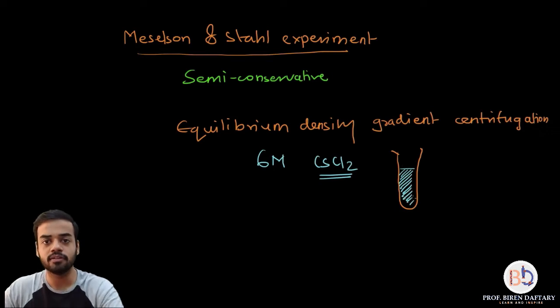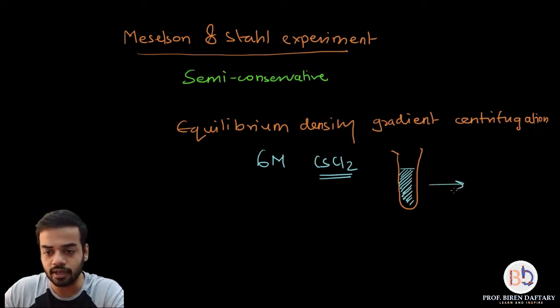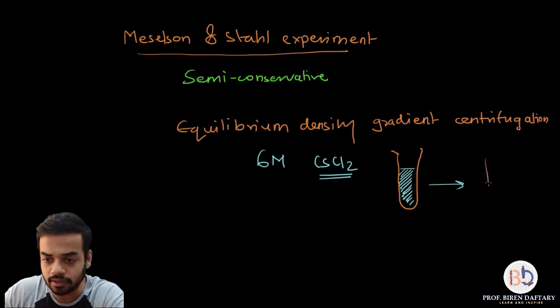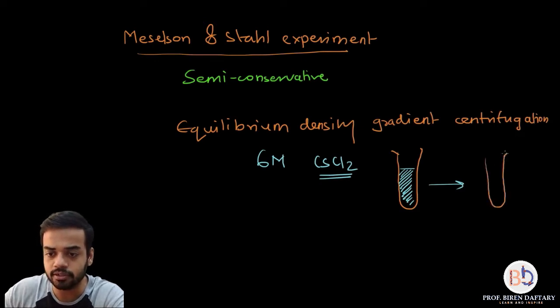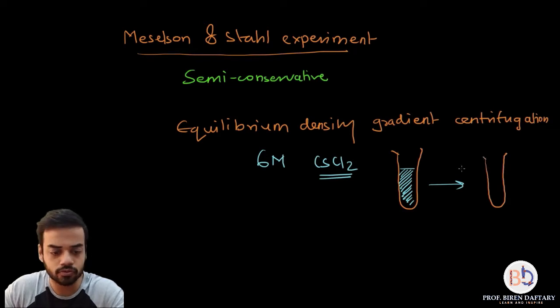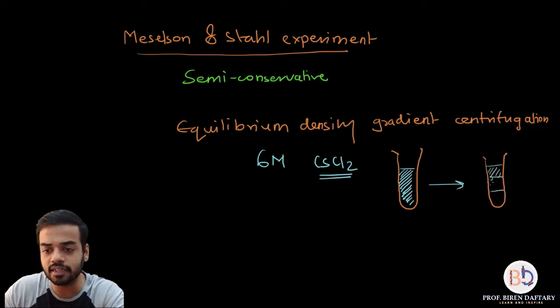This is before centrifugation, and after centrifugation cesium chloride is going to form layers. So this will be the top layer, this will be the middle layer, and there will be 3 distinct layers formed.